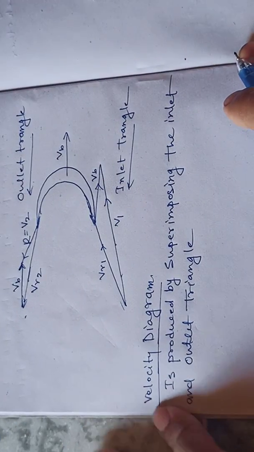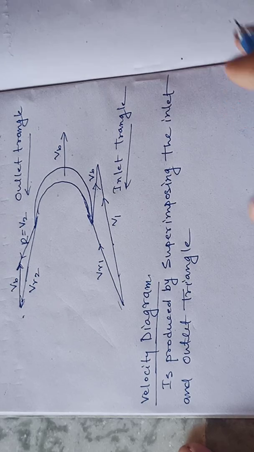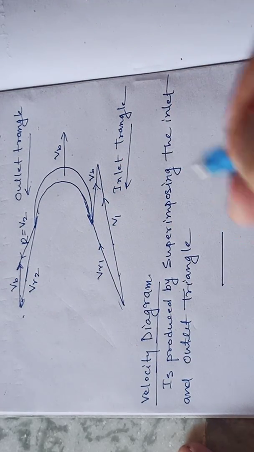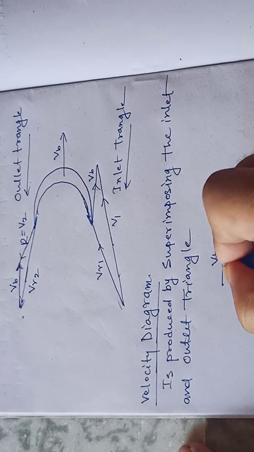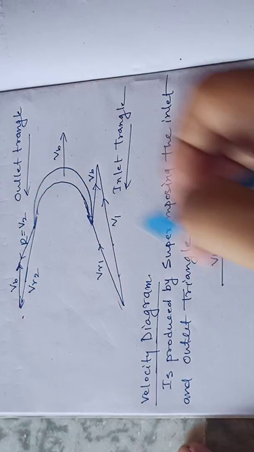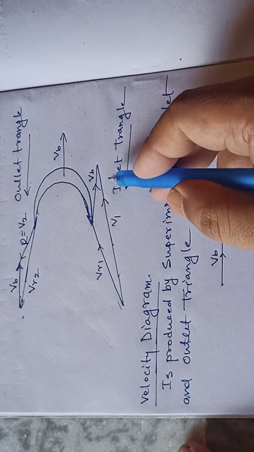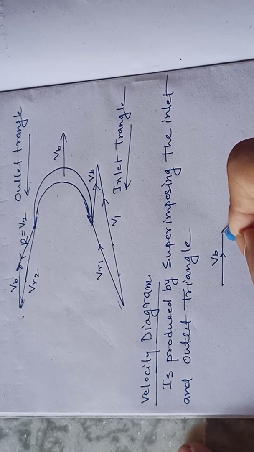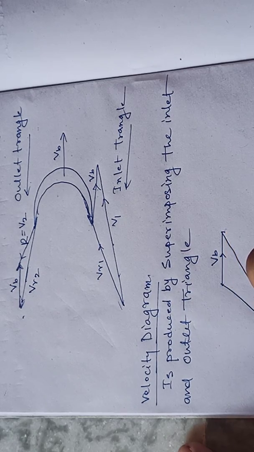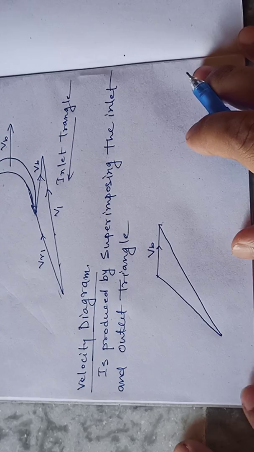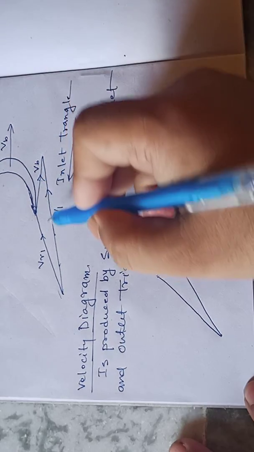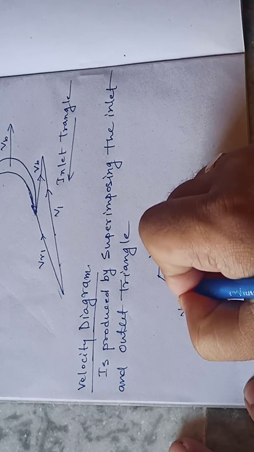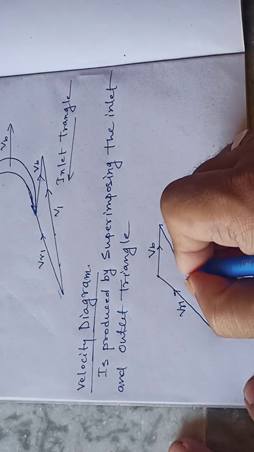Now how can we superimpose the inlet and outlet triangle? You can see that VB is common. So first draw the VB. Now first of all, draw the inlet triangle with this line. So this is the inlet triangle. You can see here, this is VR1, this direction is this, and this is V1.